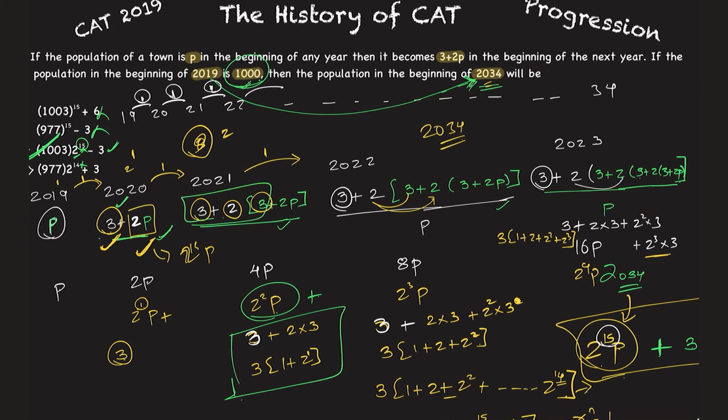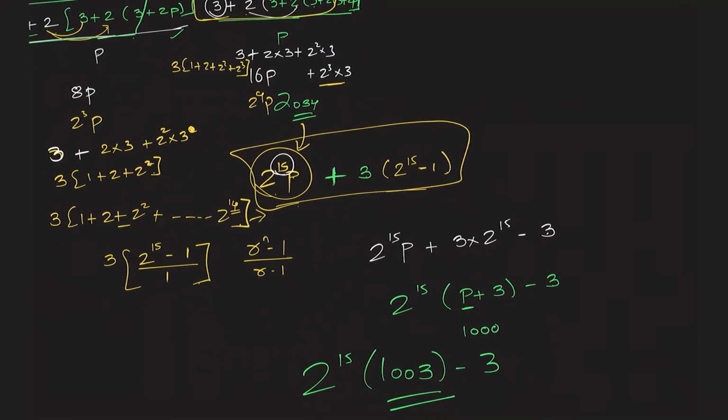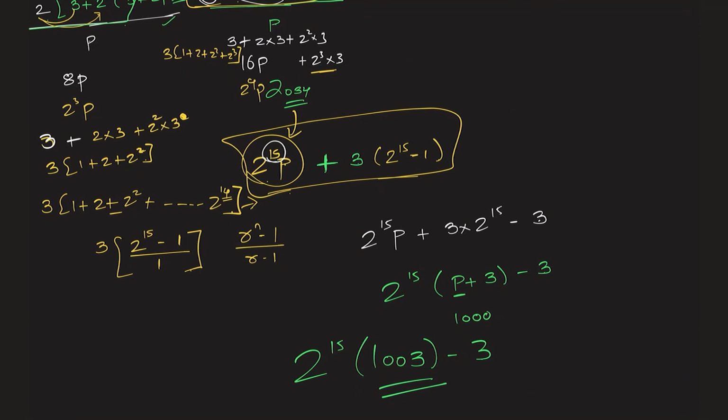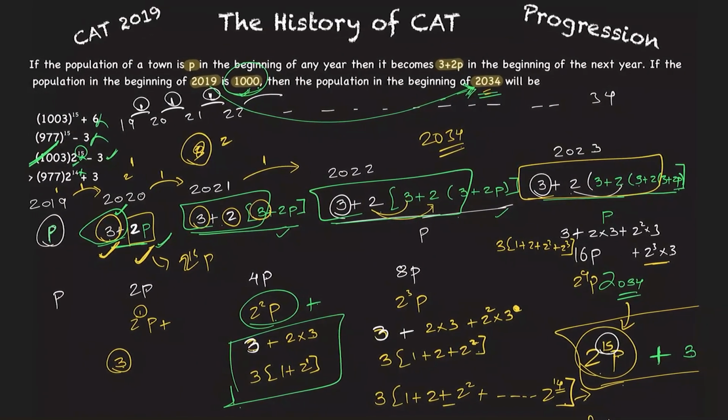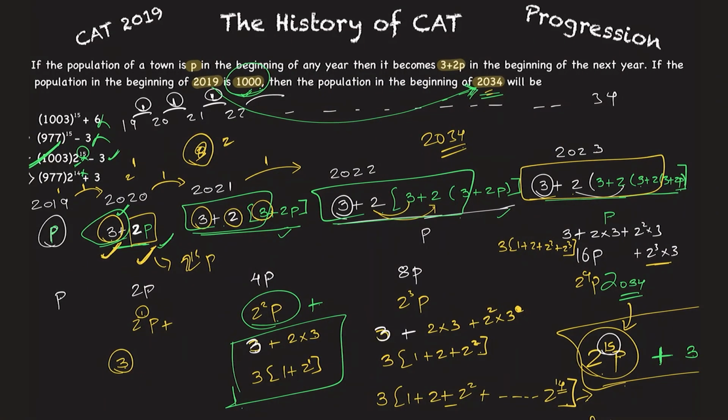Okay, I understood this and I understood the pattern of P. Then I said, if I'm going by the same pattern to 2034 from 2019, which means 15 terms, how will it happen for the 15th term? I derived that and I got it. So all that you're supposed to get here is the nth term, and eventually you would reach the answer.